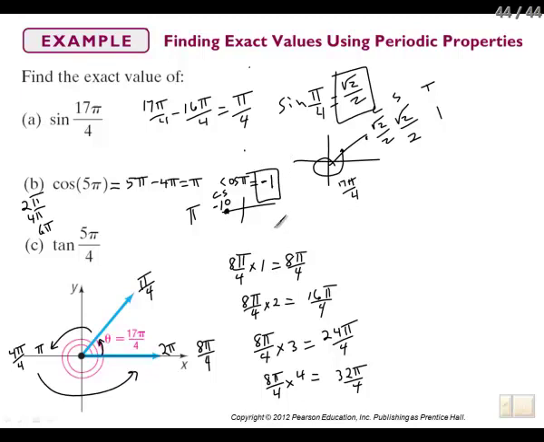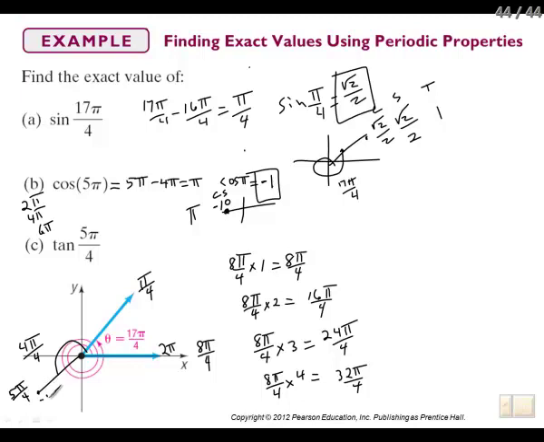Okay, now for tangent, we are going to go in one increment. So here, tangent at 5 pi over 4, if we look at 4 pi over 4, tangent at 5 pi over 4 would put us in quadrant 3.